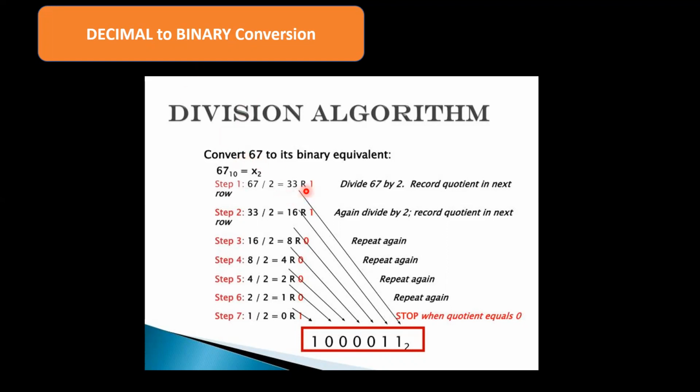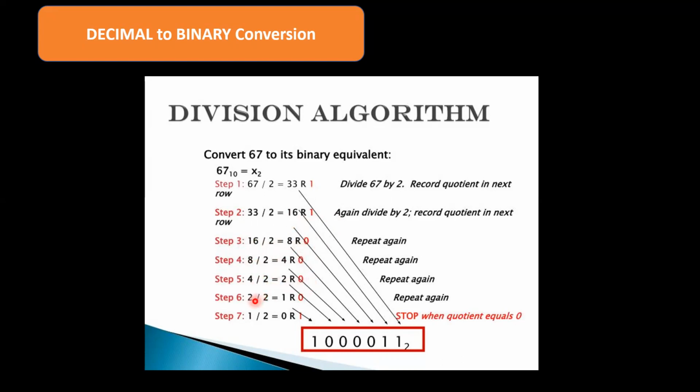Then let's take 33 and divide by 2 again. That gives us a quotient of 16, and again we have remainder 1. Then 16 divided by 2 is 8, remainder 0. Again, 8 divided by 2 is 4, remainder 0. 4 divided by 2 is 2, with no remainder.